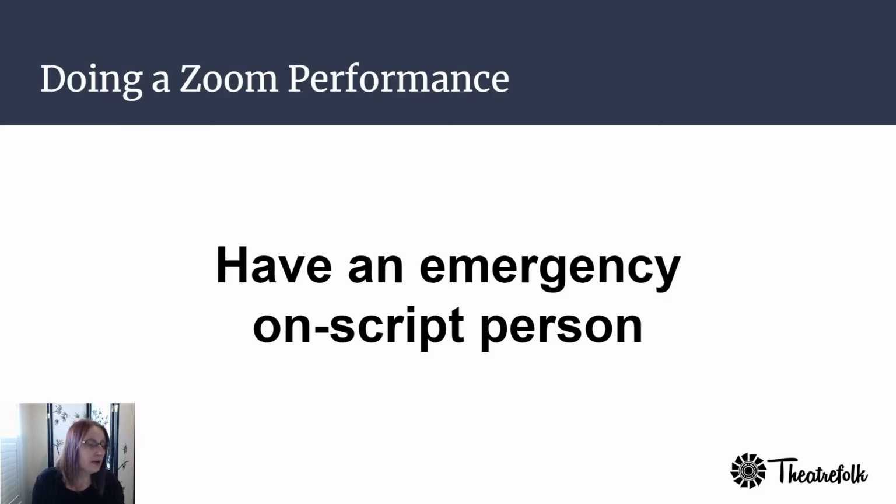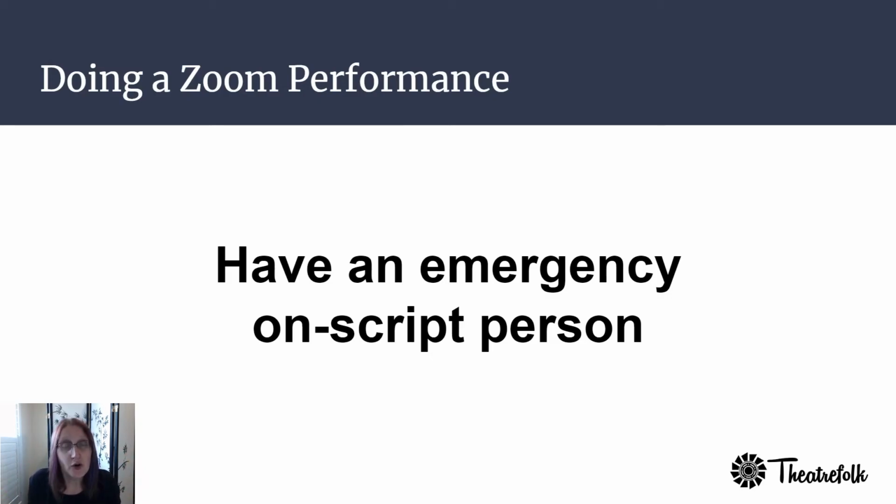For example, you can have one person who is the emergency on-script person who follows along in the script, and if there is a gap between lines, someone didn't show up and a part wasn't accounted for, or the new person forgot, or they got kicked out of the call, it is protocol that the emergency on-script person steps in and says the line. It's all about keeping the flow of the dialogue.